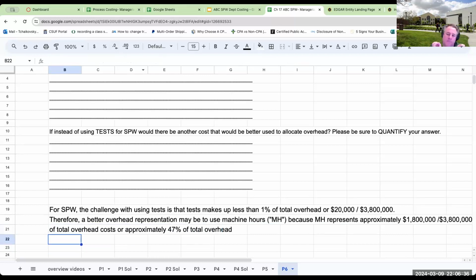Okay, so that may be a better way to use it, right? Why would we want to do this? Because it's a better representation of the total overhead costs.